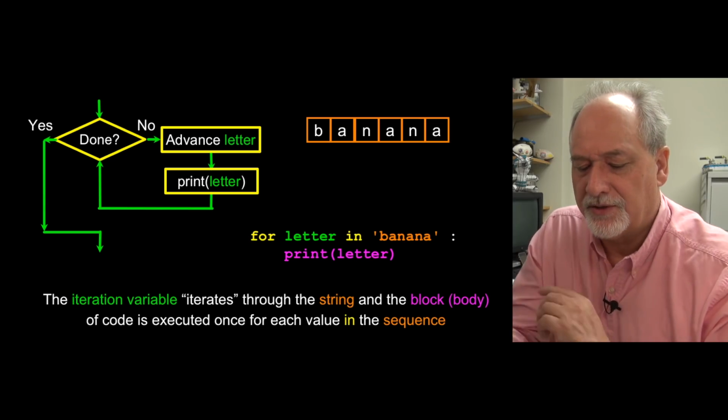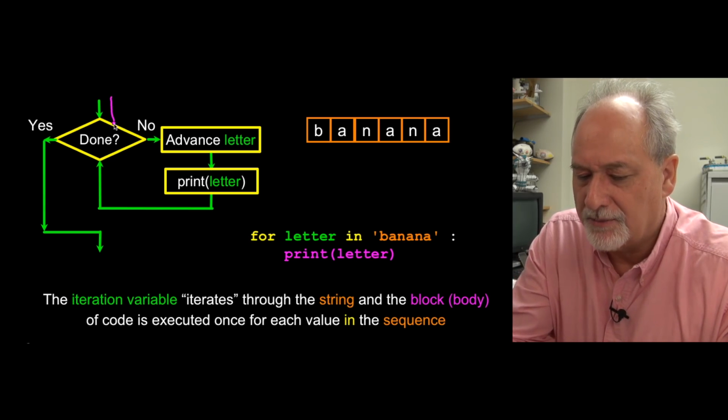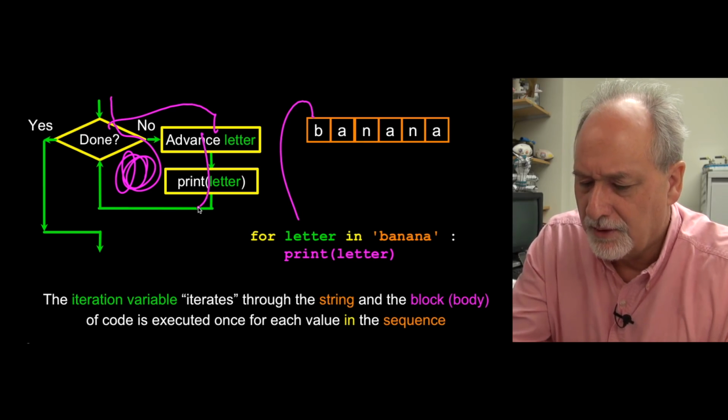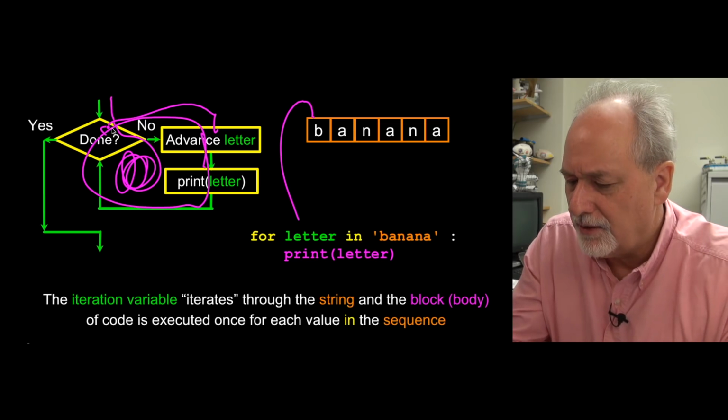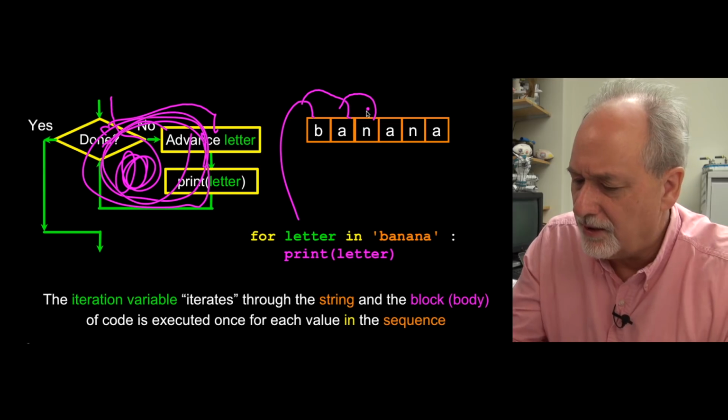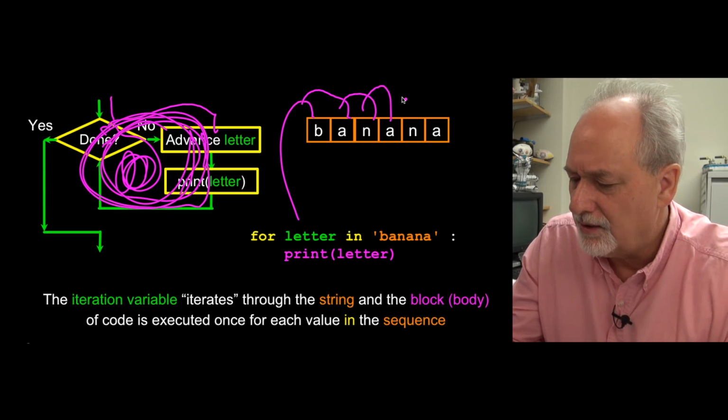The for loop is both deciding how many times to run the loop, in this case 6, and it's advancing the letter. So advance, print, decide whether you're done, advance, print, decide whether you're done, and so on.